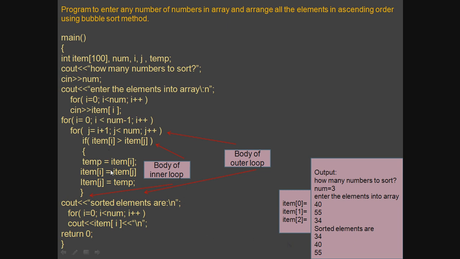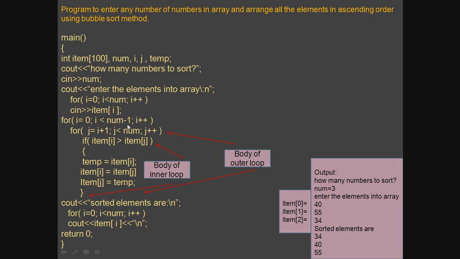Now after that, again j gets incremented, so j becomes 2 plus 1, 3, so 3 is less than 3, false, right? Again i gets incremented. i was initially 1, right? So now i gets incremented by 1 plus 1, 2, so here 2 is less than 3 minus 1, 2. So you can see that if you make it i is less than num only, you will get the wrong output.